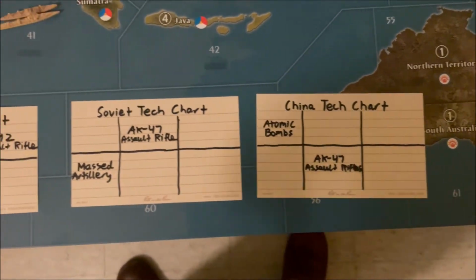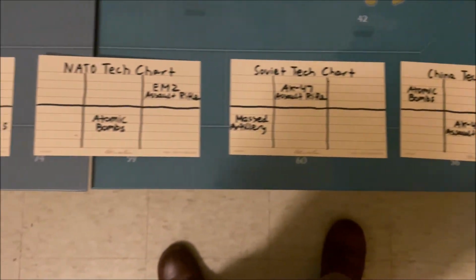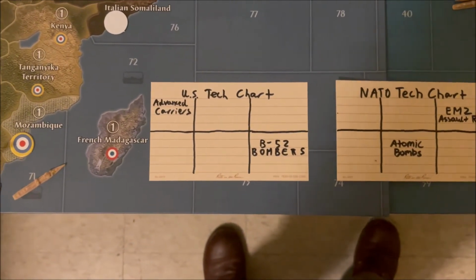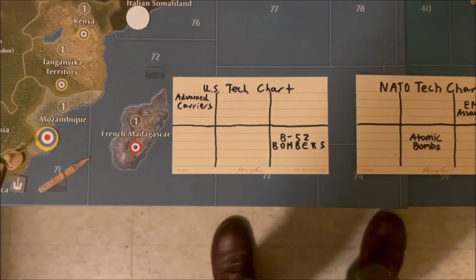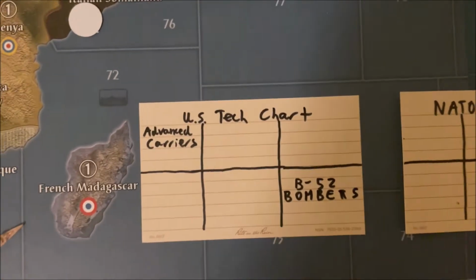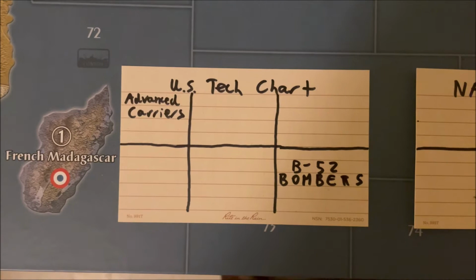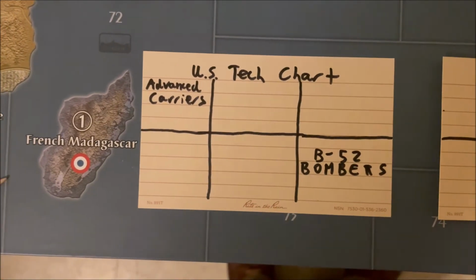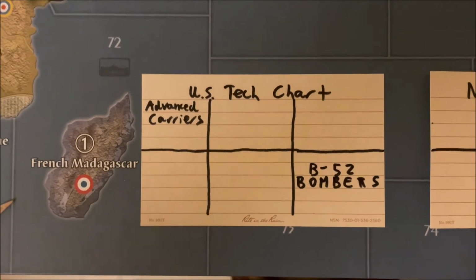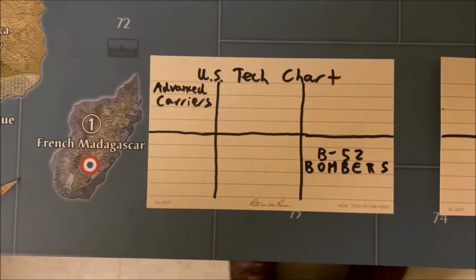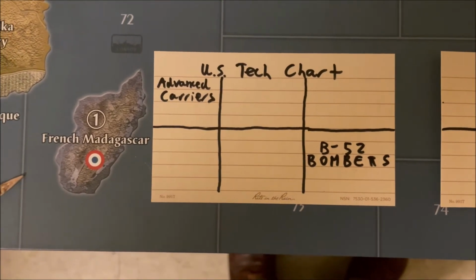So for each nation, there's only 2 specific ones, and it's a lot harder to achieve the breakthrough if you can. So here's the US tech that they can research specific to themselves. There is advanced carriers, which will allow US carriers to carry 3 aircraft instead of 2.